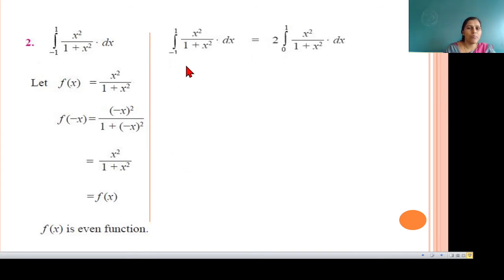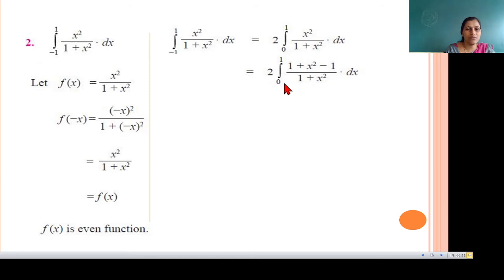So by property number 8, the value of this integral will be 2 times integral 0 to 1 x square divided by 1 plus x square into dx. So we will evaluate this integral. How will we evaluate this?